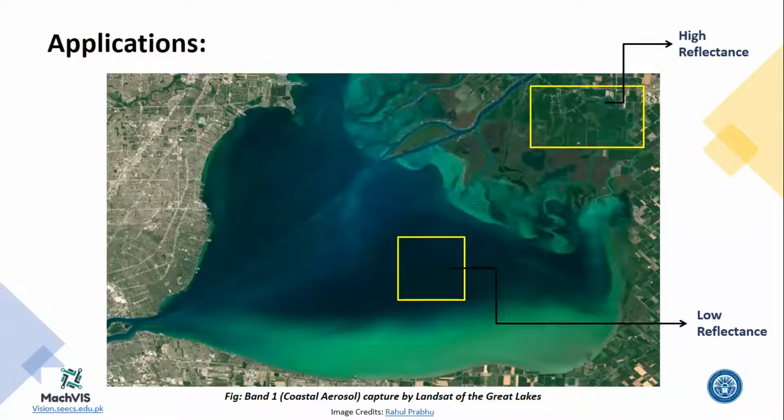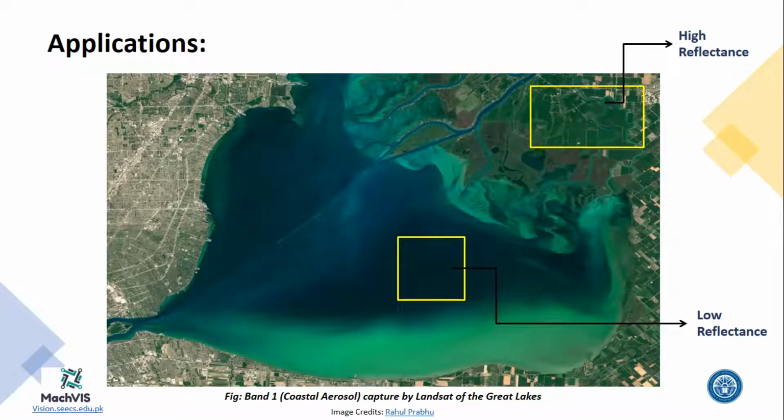Another application of the same band: this is an image, and again it is combined with some other bands to make it colored. Here you see the reflectance is almost zero, very low, because of the very dark color in this particular region.